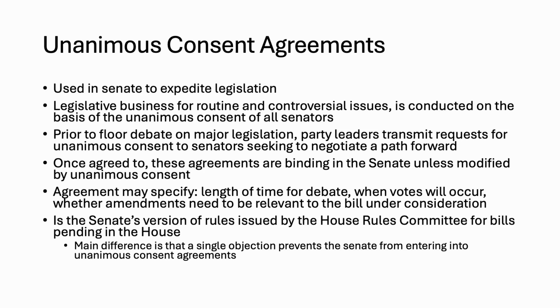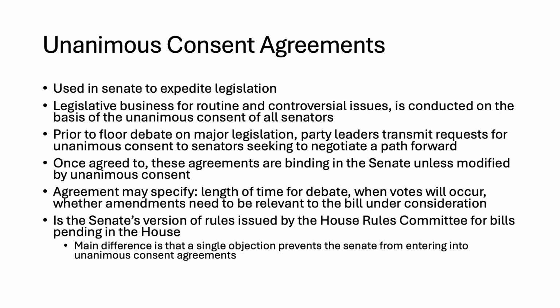Unanimous consent agreement. Used in the Senate to expedite legislation. Legislative business for routine and controversial issues is conducted on the basis of unanimous consent of all senators. Prior to floor debate on major legislation, party leaders transmit requests for unanimous consent to senators seeking to negotiate a path forward.